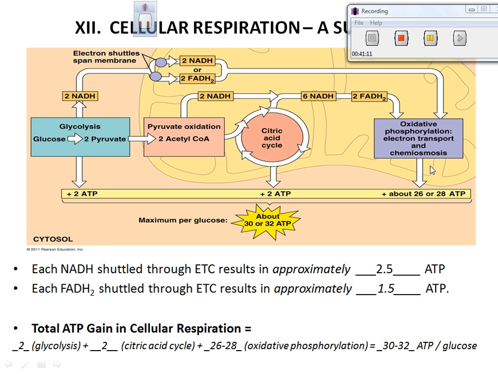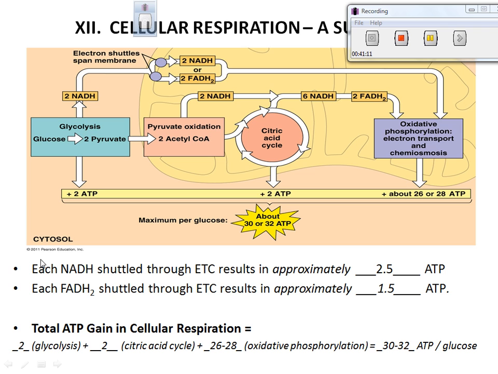There's a lot of debate about how many hydrogen ions it takes to go through that to generate 1 ATP. Some scientists were first saying that it takes 10, and then they're going back and forth, and the new number that they agreed upon was they said, oh, it takes 4 hydrogens to be pumped through an ATP synthase to generate an ATP. So it's kind of debatable on that.